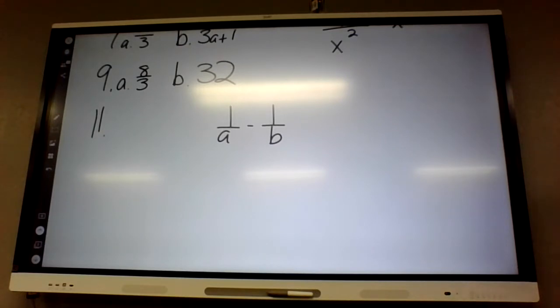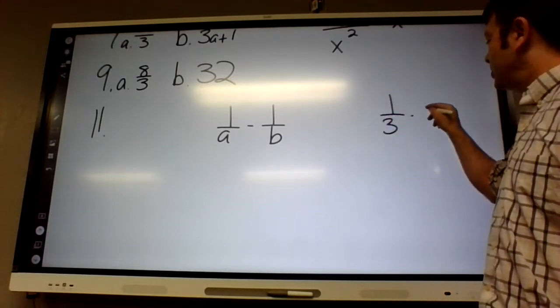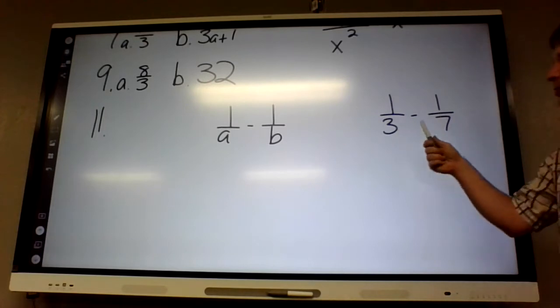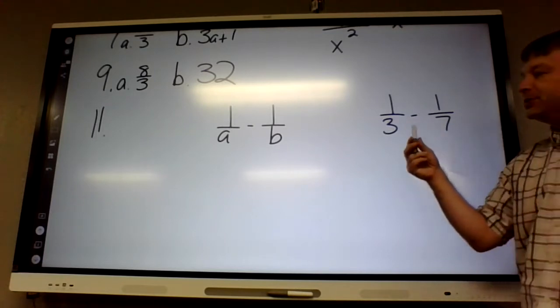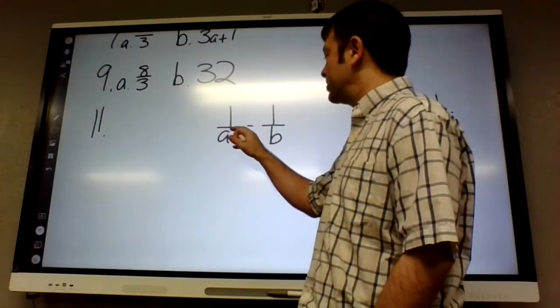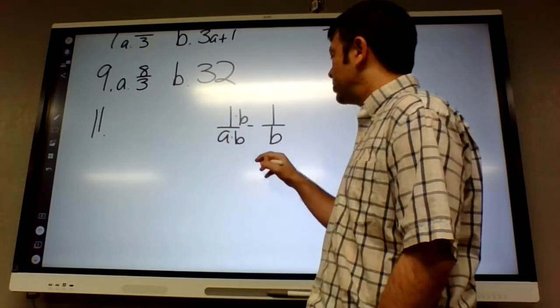What do a and b go into? A times b. So if this was like 1/3 minus 1/7, what do 3 and 7 go into? 21, 3 times 7. So if they don't have anything in common, the common denominator is just both of them multiplied together.